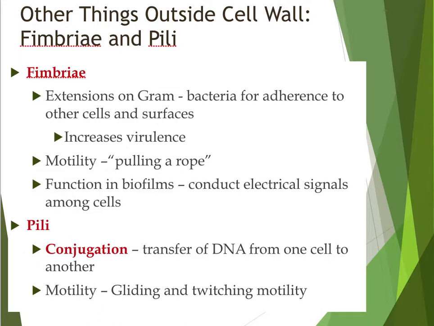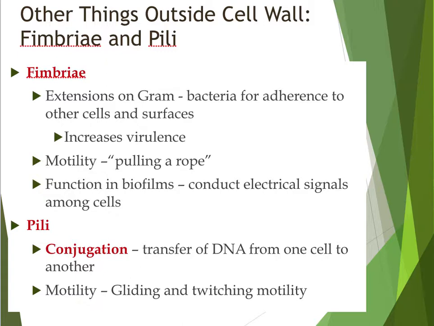Other things that can be outside the cell wall include fimbria and pili. Fimbria are extensions on gram-negative bacteria. And they enable adherence, again, that means attachment, to other cells and to surfaces. And this can greatly increase their virulence. Virulence means the ability to cause disease.